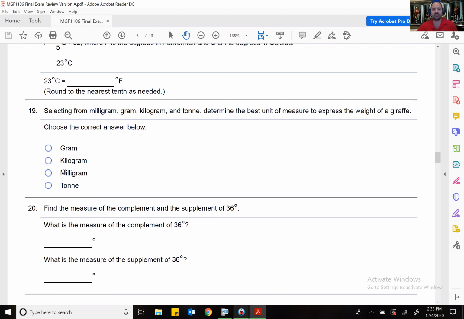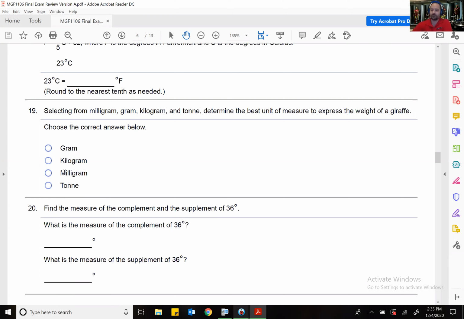Or when I'm measuring dry ingredients like spices into a recipe, that's like a gram. Kilogram we talked about is like pounds. A tonne is like a ton. So if we measure a giraffe in tons, that's one huge giraffe. So kilogram is the closest thing because it's like pounds.